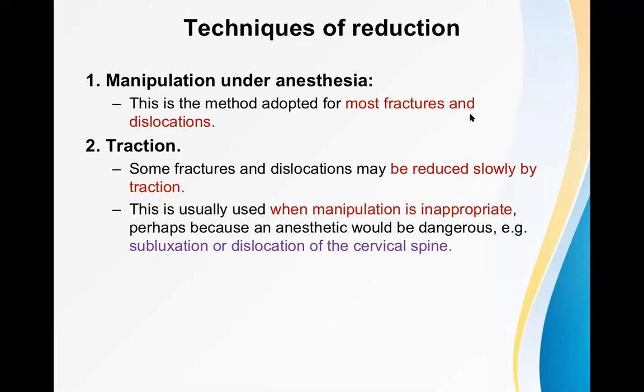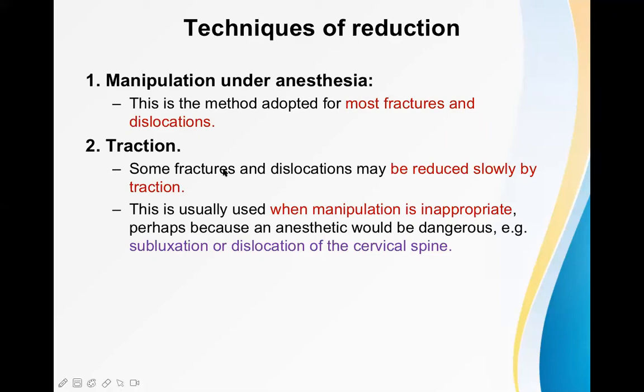Regional means if there is an upper limb fracture, I will give lidocaine to block the brachial plexus. If the brachial plexus is blocked, the whole upper limb will be anesthetized. Similarly, in the lower limb also, we can do the same thing. So these are the different points.